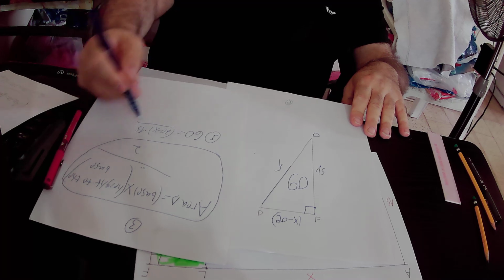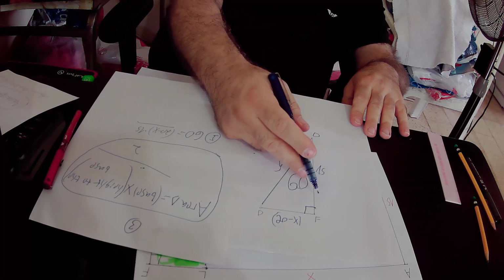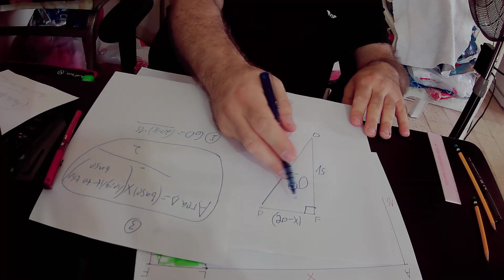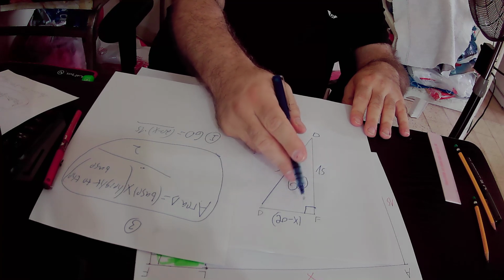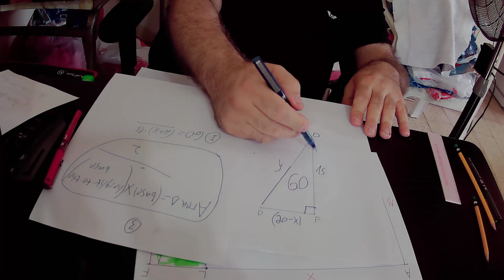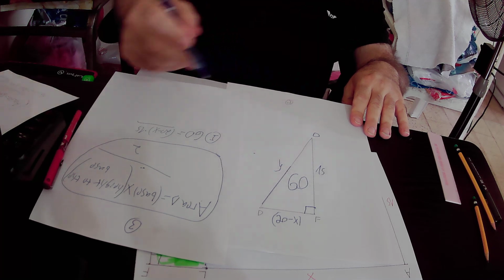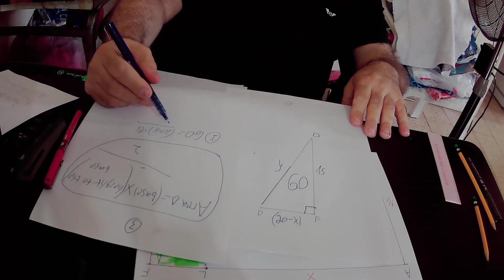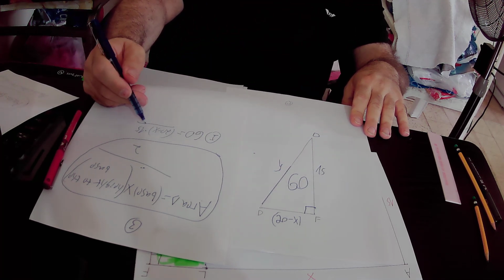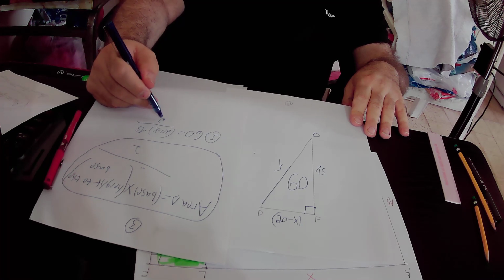The height, 15, creates 90 degrees with the base. So FD is the height of this right triangle, and the area is 20 minus x times 15 over 2.